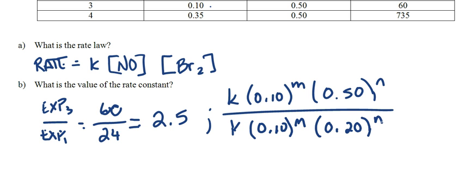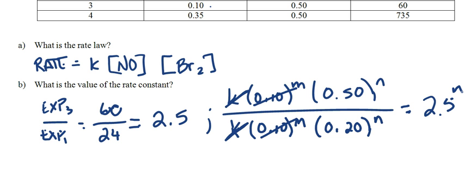Okay. So again, cross off anything that is the same. So the K's are the same, these are the same. So now we have 0.5 divided by 0.2. So again, that is 2.5 to the n power.